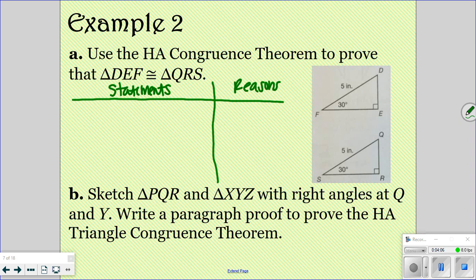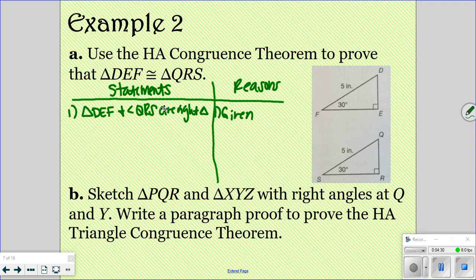So the first thing would be our given information, which would be that triangle DEF and triangle QRS are right triangles. And that would be from the given.